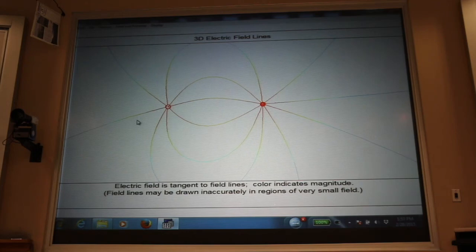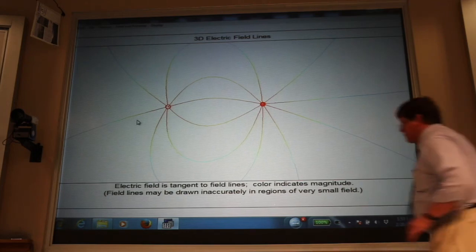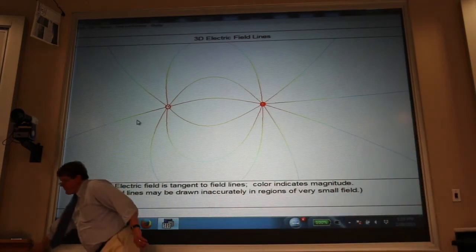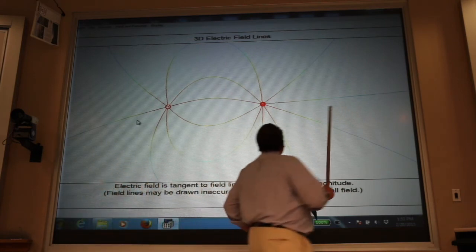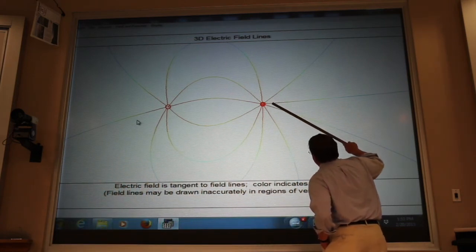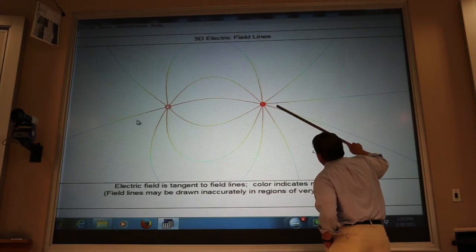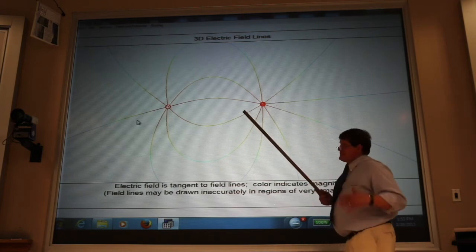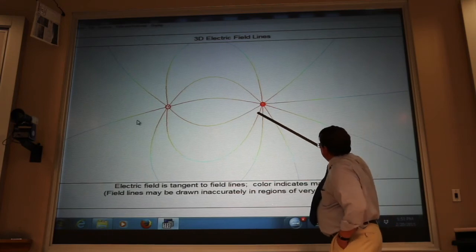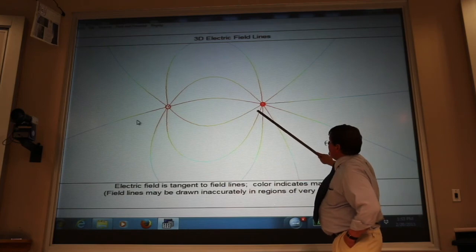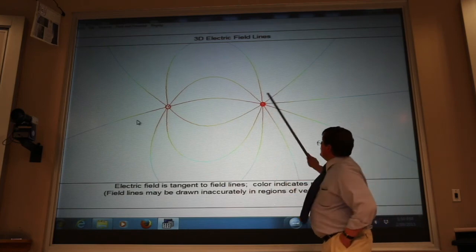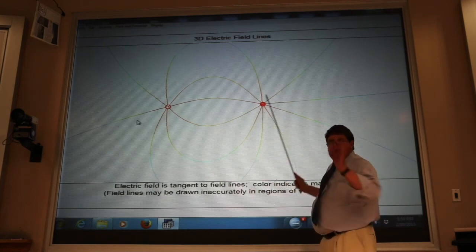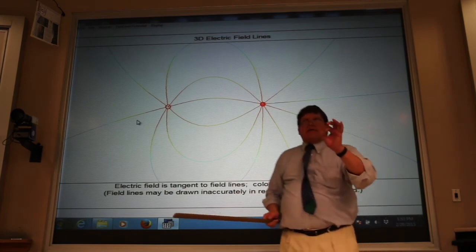Now, what I was trying to do, I may not have been perfect at it because I'm very imperfect, but I was trying to get this spacing here the same. And clearly I didn't do a good job. But I mean, Joey, okay? The reason I wanted this spacing to be the same is because very close to this point charge, it dominates.